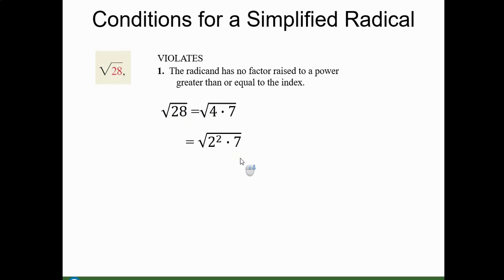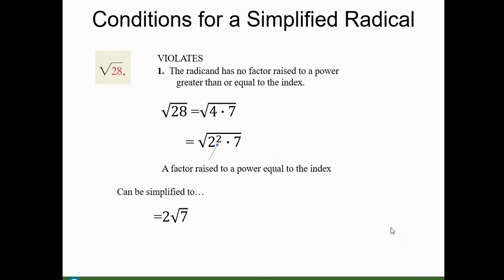Notice that 4 can be represented as 2 squared. What we have here is a factor raised to a power equal to the index. Remember, our index here is 2. That violates that rule. So the square root of 28 can be simplified to 2 square roots of 7.